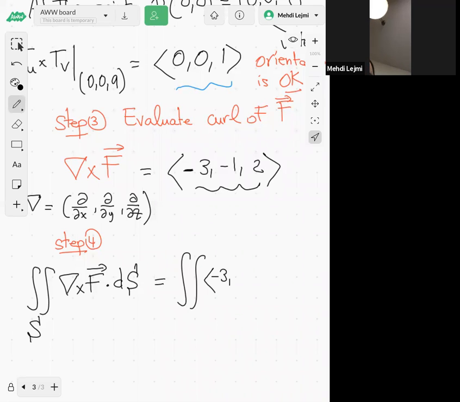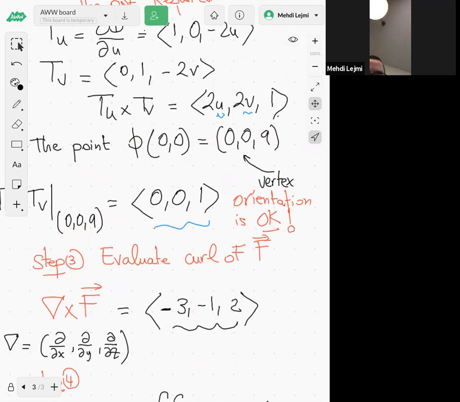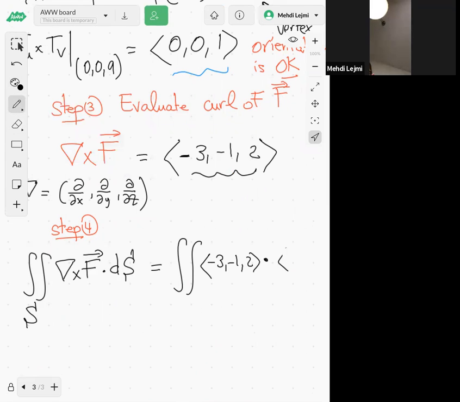So it's just (-3, -1, 2), and then the scalar product with T_u cross T_v. So what's T_u cross T_v? T_u cross T_v is (2u, 2v, 1), du dv. And then the domain here, remember, u squared plus v squared must be less than or equal to 9.